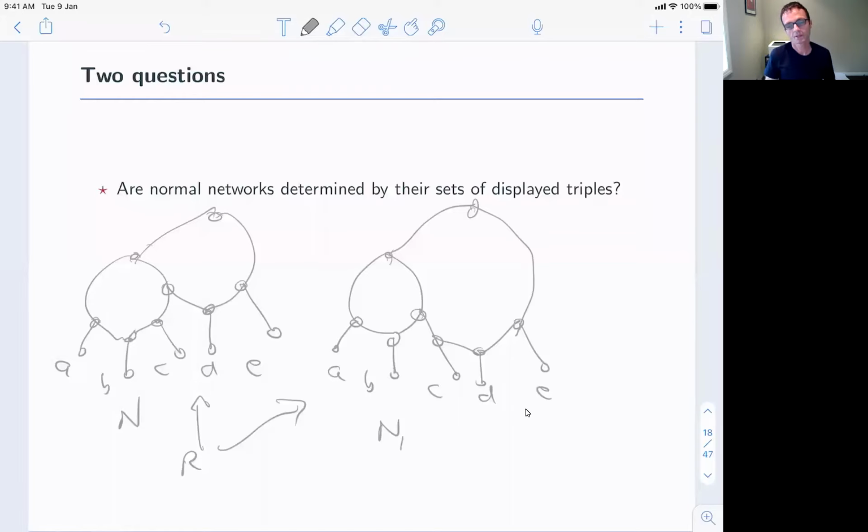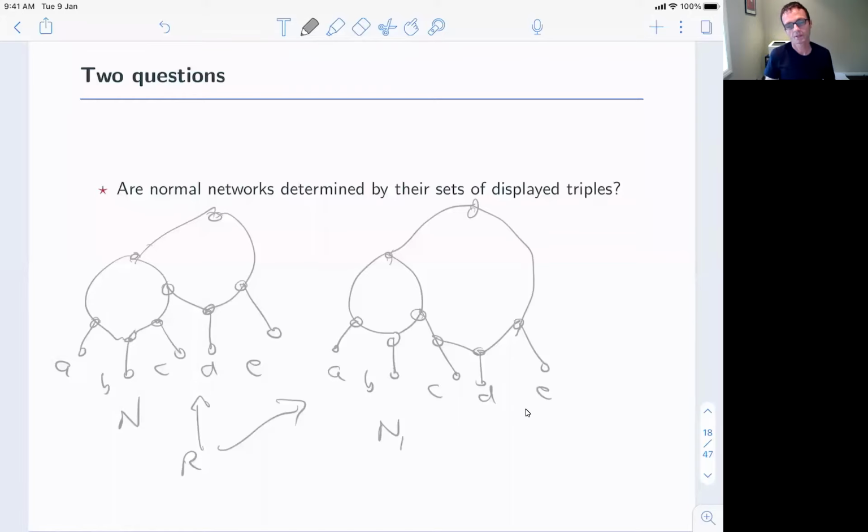I should also say that tree child networks are my first choice for networks if we're looking at a problem. I don't know, that's just what I do.